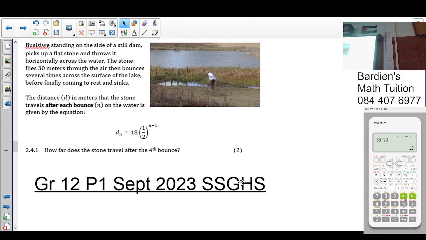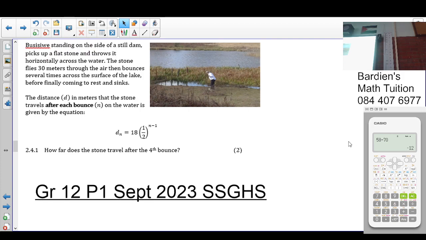So here we are told that someone is standing on the side of a still dam, picks up a flat stone and throws it horizontally across the water. The stone flies 30 meters through the air and then bounces several times across the surface of the lake, before finally coming to a rest.